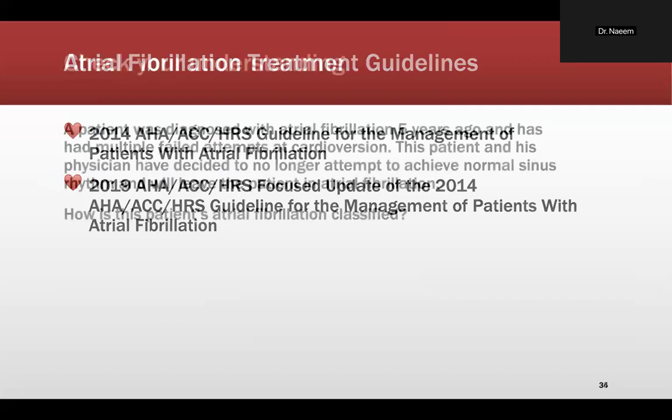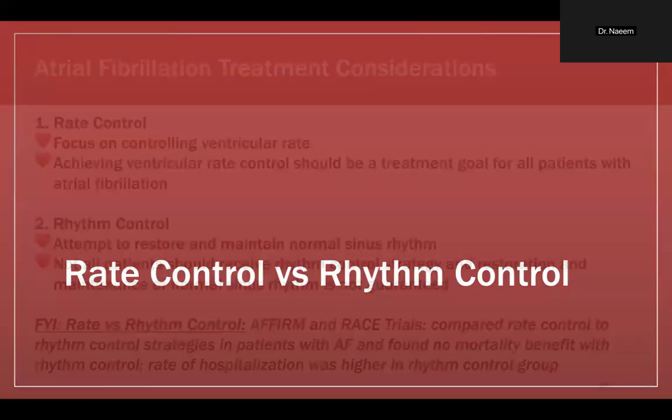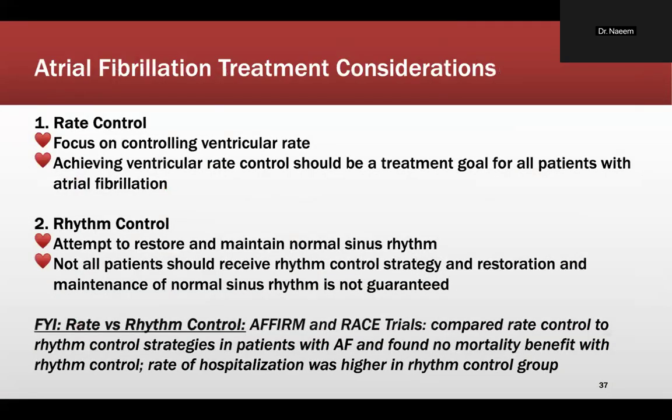So that is that. Okay, so now that's review of AFib. Now we will go into rate control versus rhythm control. So rate control focuses on controlling the ventricular rate, that being trying to get the patient's rate to be between 60 to 100. That is our ultimate goal.